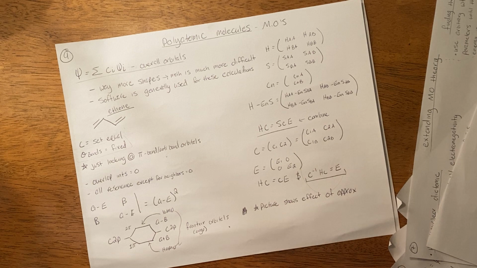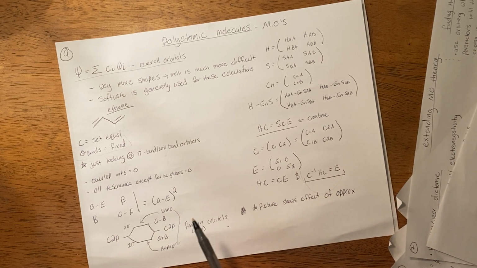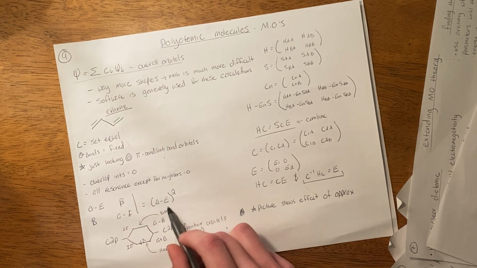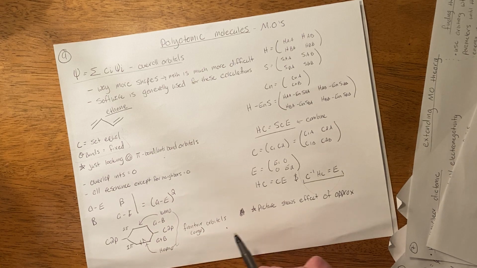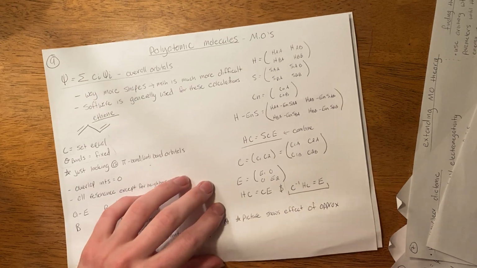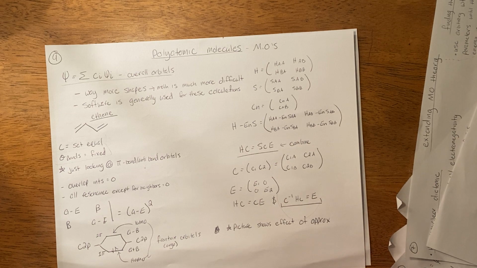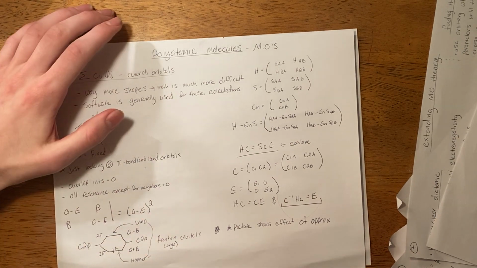And really what we get out of this is a HOMO and a LUMO: the highest occupied molecular orbital, so we'll draw in some electrons there, and the lowest unoccupied molecular orbital. These are called the frontier orbitals, and they have the most to do with the actual chemical reactions that these molecules can facilitate.